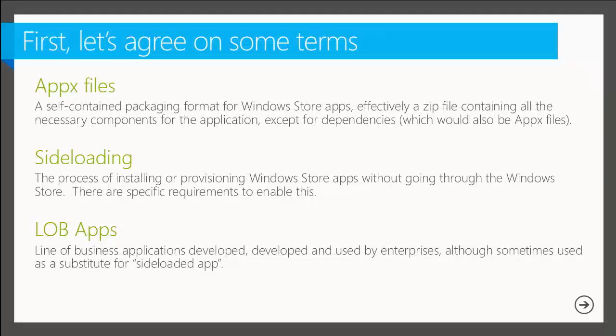These files are effectively zip files containing all the pieces needed for this application: executables, DLLs, bitmaps, XML files, any type of data that the application requires. It's all bundled up into this AppX container with an XML file that describes what this application is.